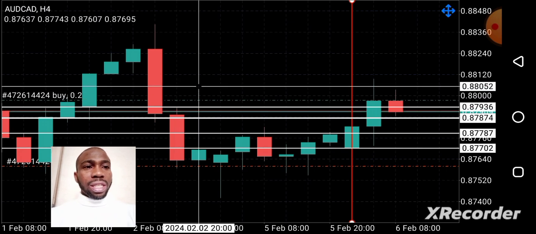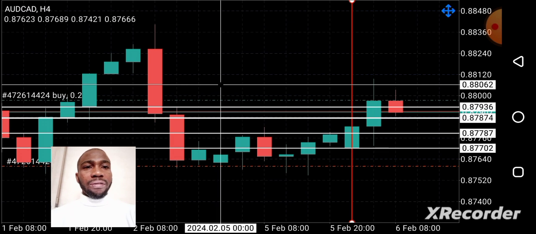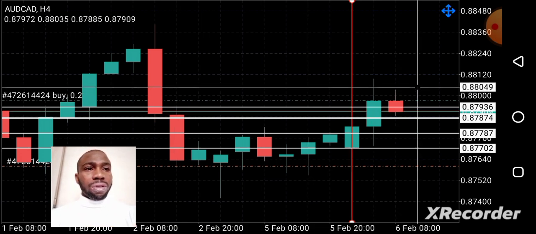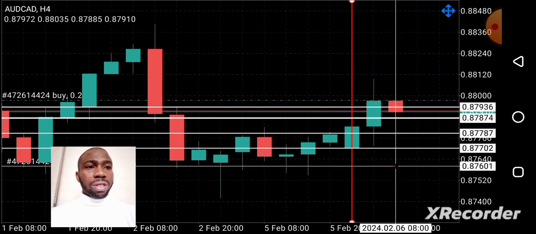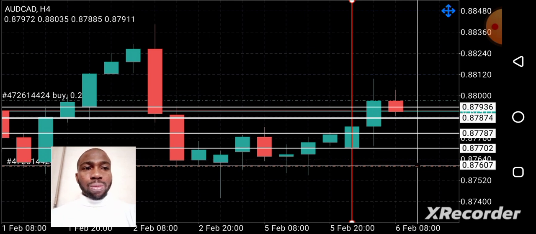So you can see this is the first candle that closed above the high of this previous bearish candle. You can see that. So that's the reason I took a buy. You can see my entry level, and this is my stop loss level. Okay, anything that makes price drop to this level, then I should be out of the trade.